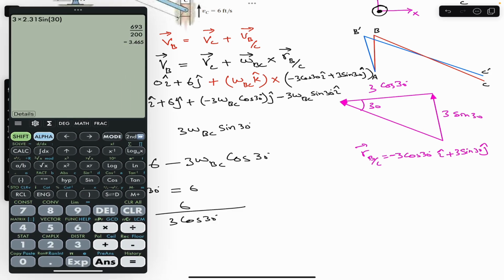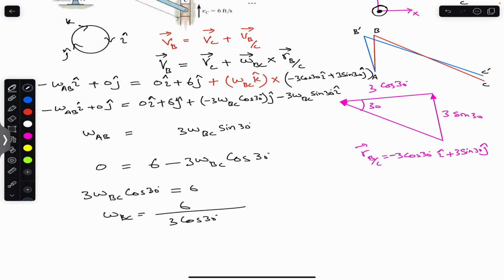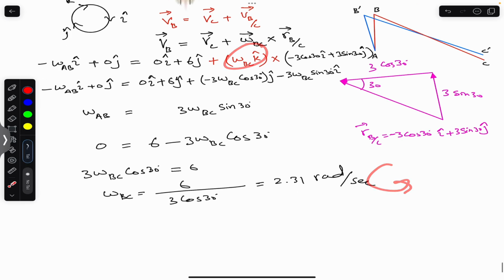Again we will get that same answer. This gives us 2.31 radian per second, and omega BC is in the positive k direction, right? In the positive k means that it is in the counterclockwise direction.